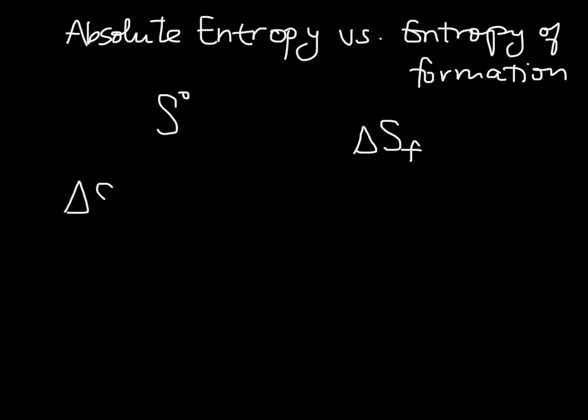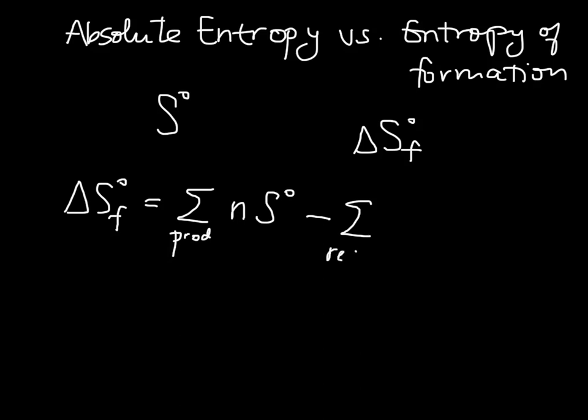If we want to calculate the entropy of formation, and we can keep this up here, this is just saying that everything is pure. We do this in the following way. We sum for the products N, so this N is the stoichiometric coefficient, N times their absolute entropies, and then we subtract off the absolute entropies of the reactants. This is one way that we can find delta S of formation.